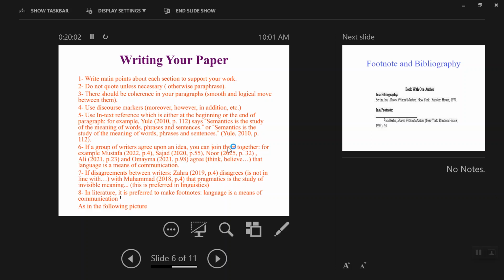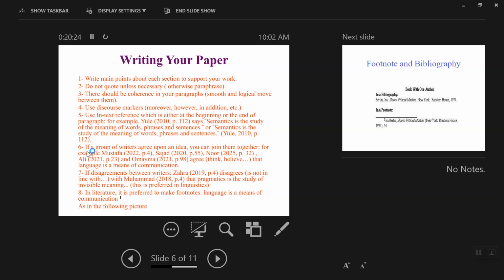You have to open brackets, Yule, comma, space, 2010, comma, space, P, full stop, space, page. You see, this is an in-text reference.